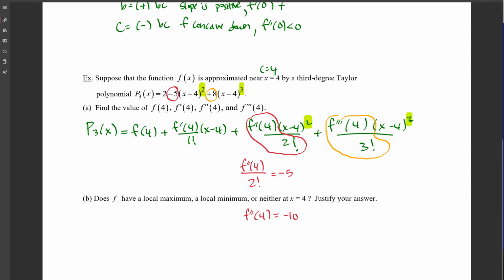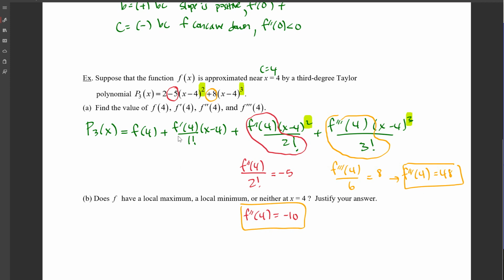They'll just say the third derivative is equal to 8, and that's incorrect. It's actually this entire coefficient, which is the third derivative at 4 over 6. That's what 3 factorial is, equal to 8. So that tells me that the third derivative at 4 is equal to what? 48.